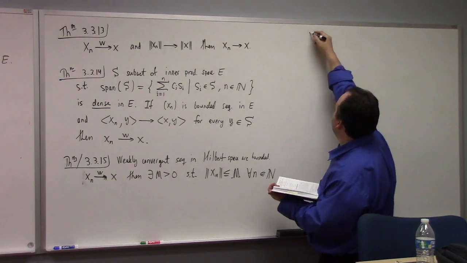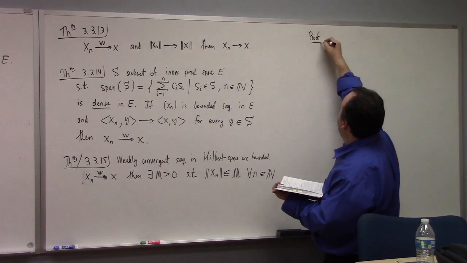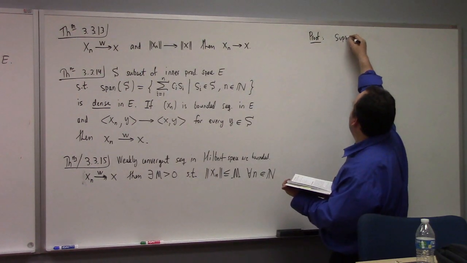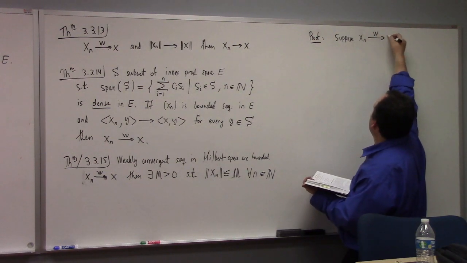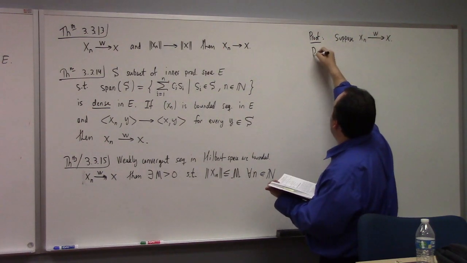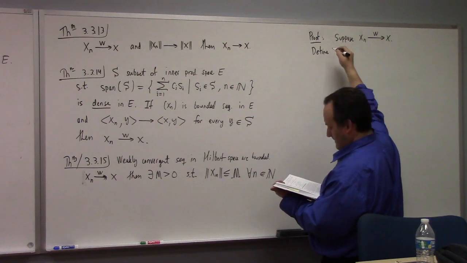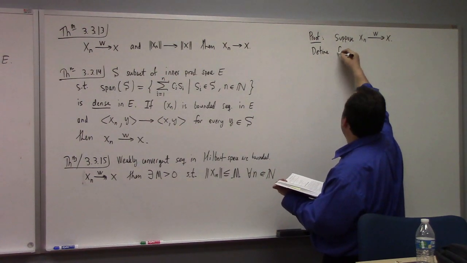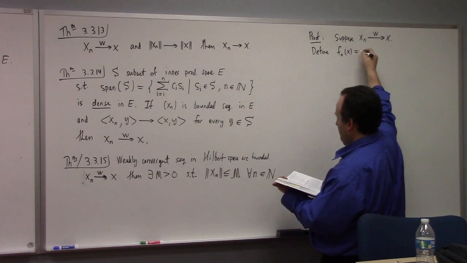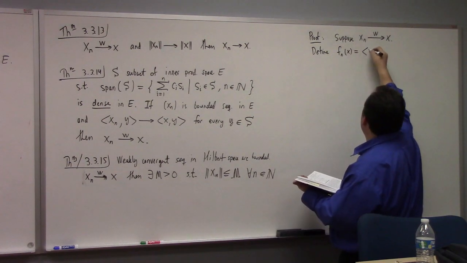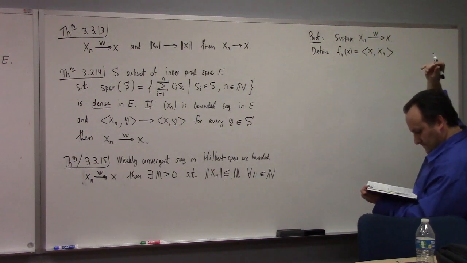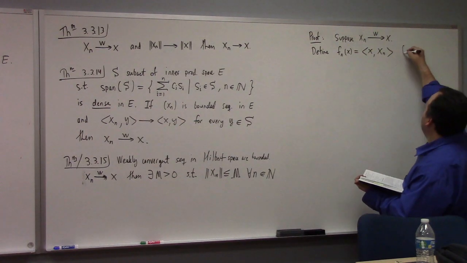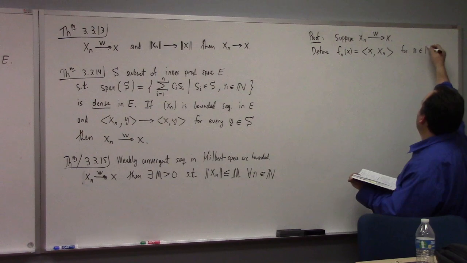So let's suppose xn weakly converges to x. Define f sub n of x equal to the inner product of x with xn, for n in the natural numbers.